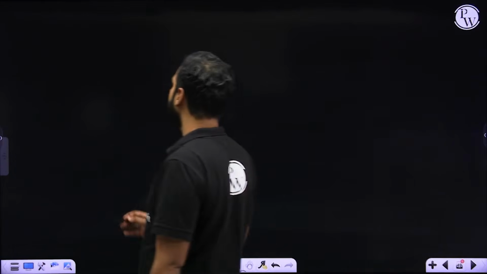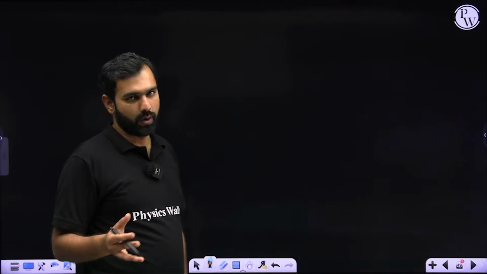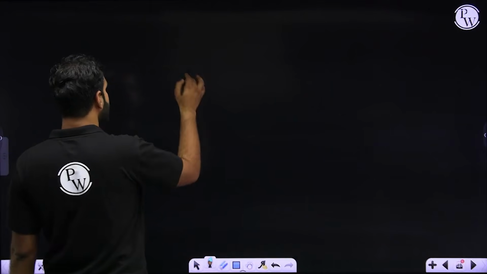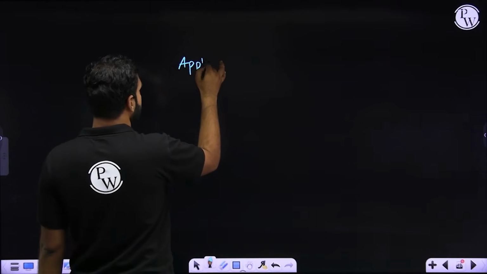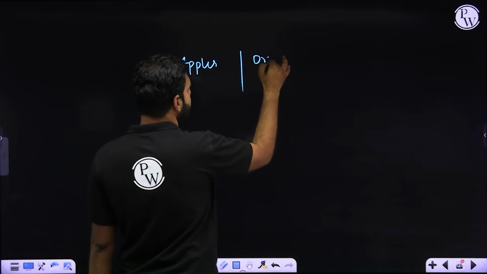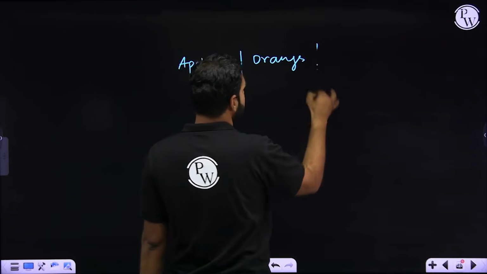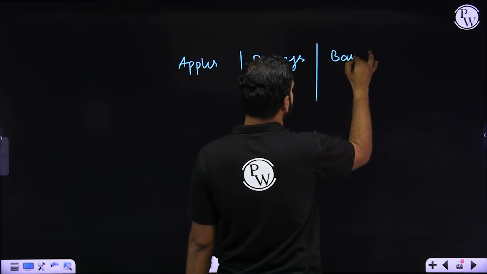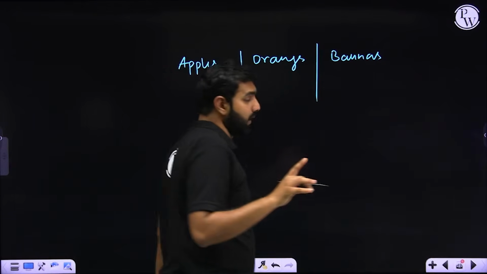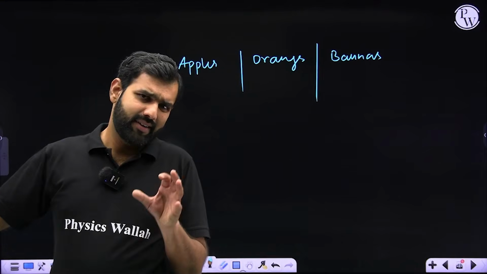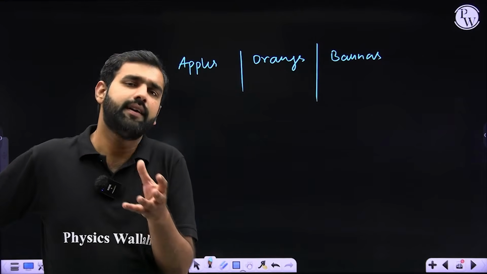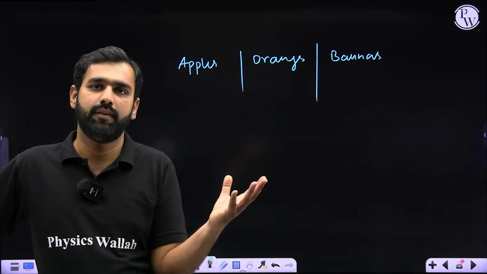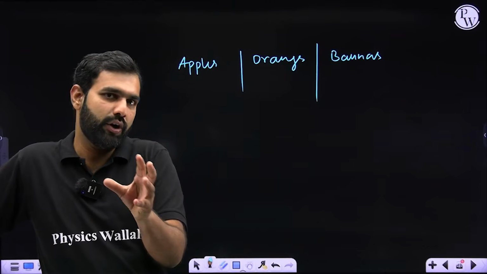Let's say I go to a fruit shop. In that fruit shop, there are some apples, some oranges, and some bananas, right? Please understand now. What we are assuming here is that all the apples are identical. You cannot distinguish or differentiate them.